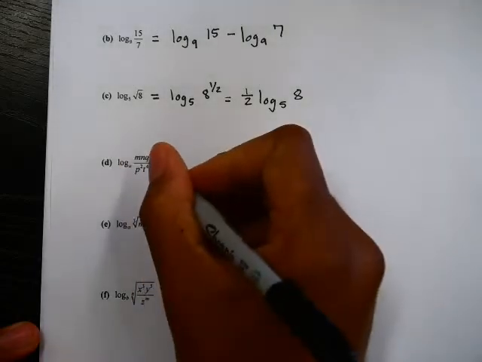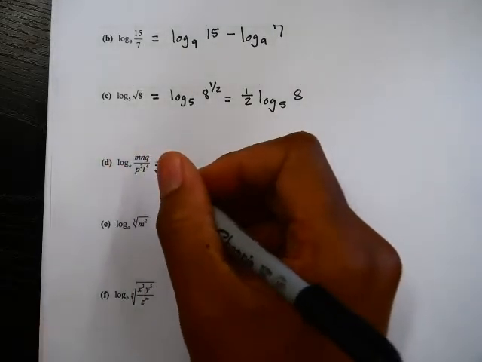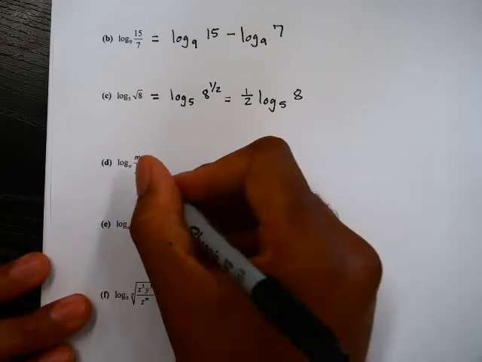So here we go. Up top, those will all be plus signs. At the bottom, they will be minus signs.